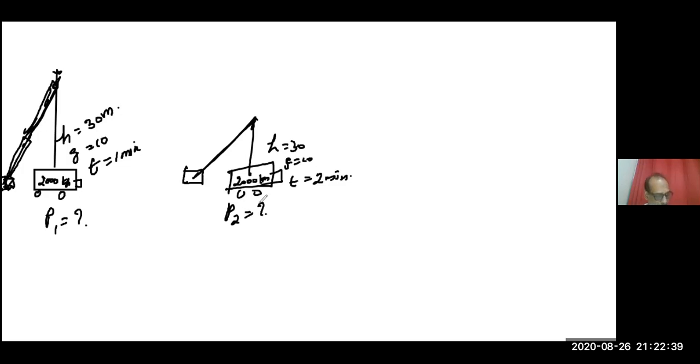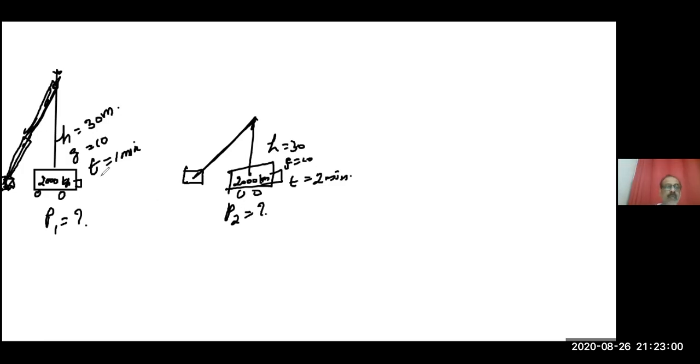What is the power supplied by each crane? Neglect the power dissipation due to friction.